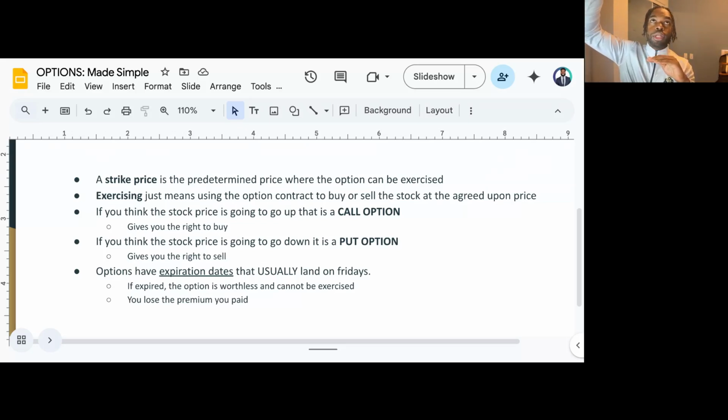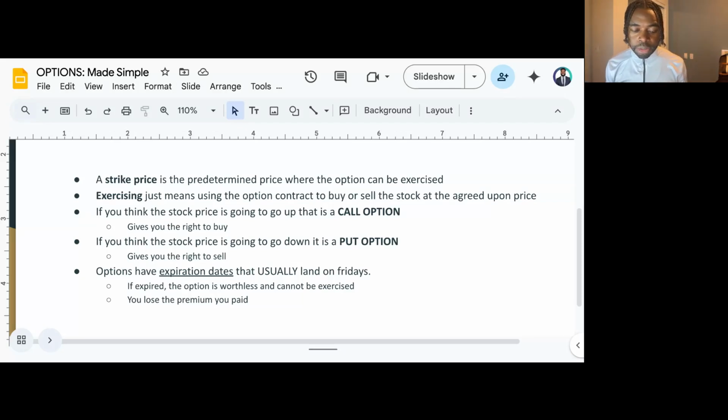Like if it goes to $120, you're reserving the right. So you're paying for a contract that reserves the right to still buy that stock at $101. This is a big deal because you're able to just still pay that small amount even though the stock is flying. So that's what call options mean, okay?